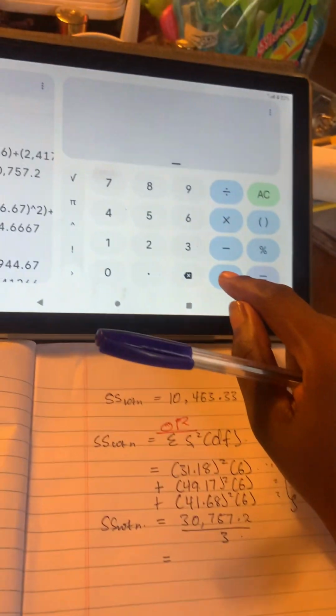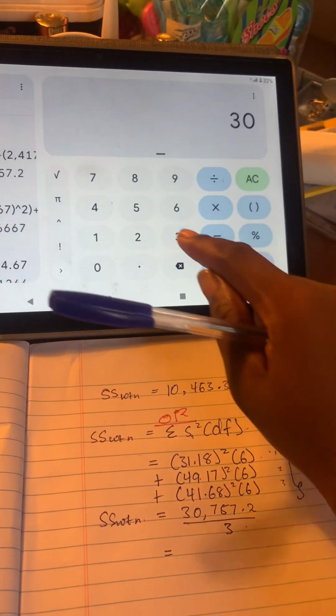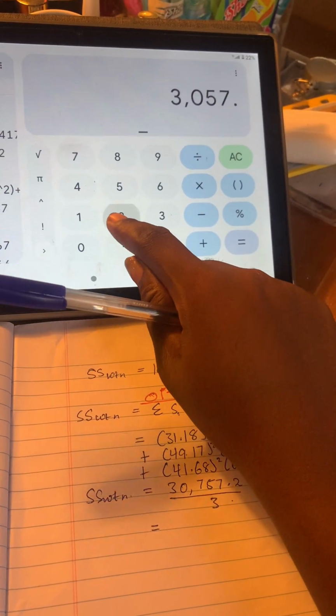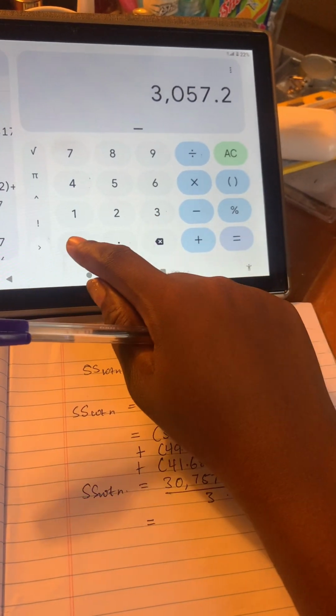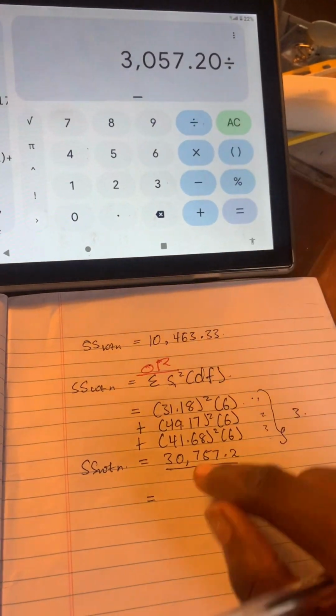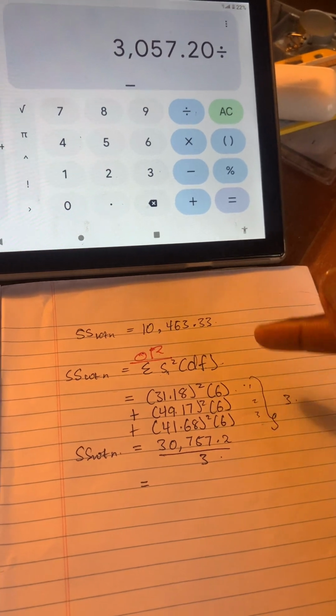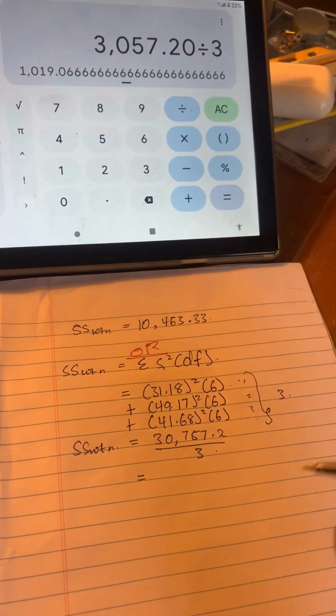30,757.20. Then we divide by 3. When we divide by 3, our answer will be close to the one we did earlier with our individual observation minus the group mean. Though it will not be exactly the same, we end up getting 10,000 something as well.